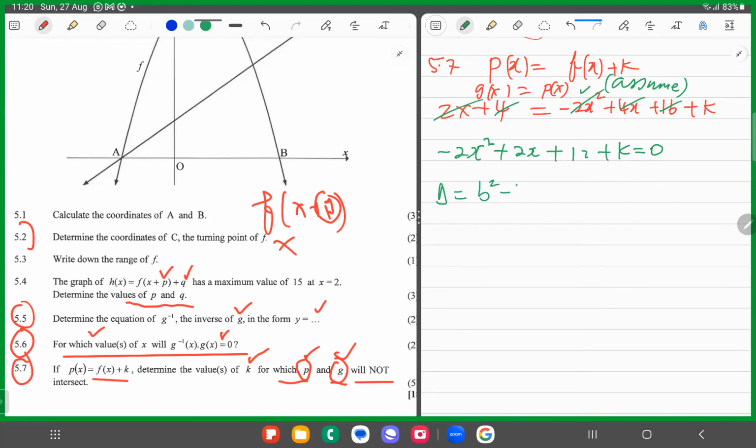This is actually b squared minus 4ac. So the b part is 2 squared, minus 4a is minus 2, and this c is 12 plus k. Okay, if they do not intersect, the discriminant is less than 0. They don't intersect, so the discriminant is negative. So if you square 2, you get 4 plus 8 into 12 plus k.